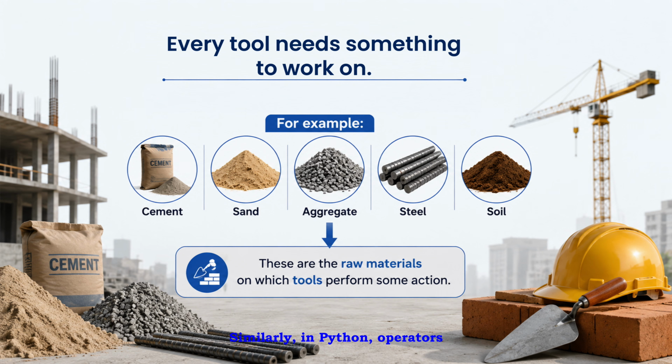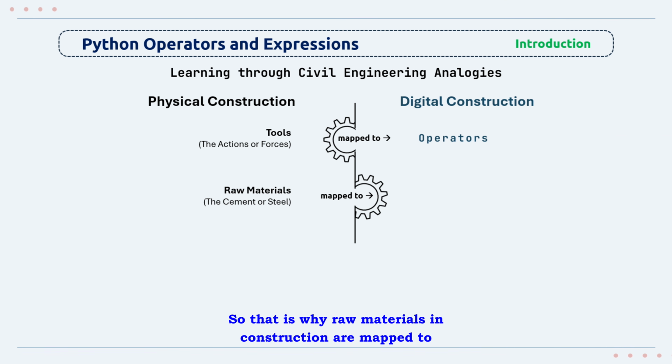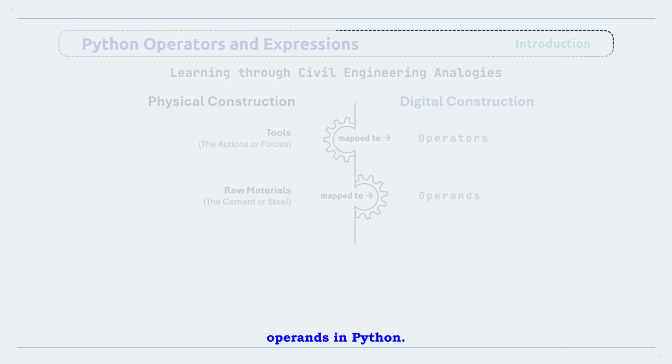Similarly, in Python, operators also require some values or data on which operations are performed. These values are called operands. So that is why raw materials in construction are mapped to operands in Python.